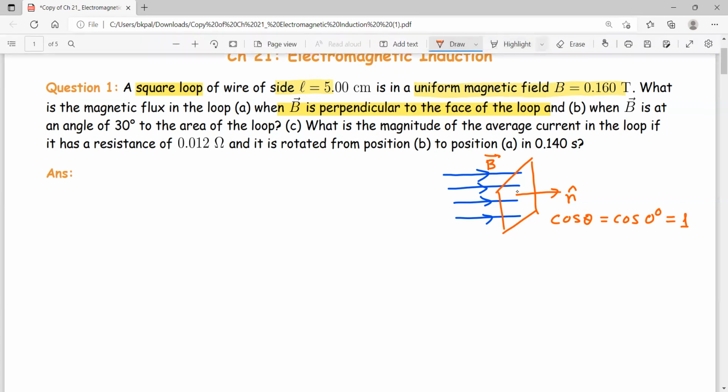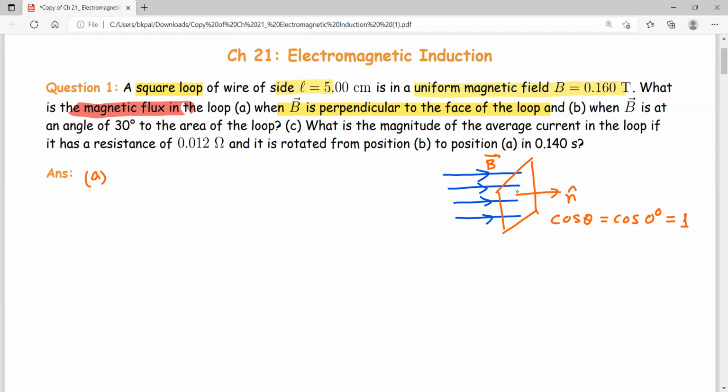Let's first calculate the first one and then move to the second. Magnetic flux is B A cosine theta.